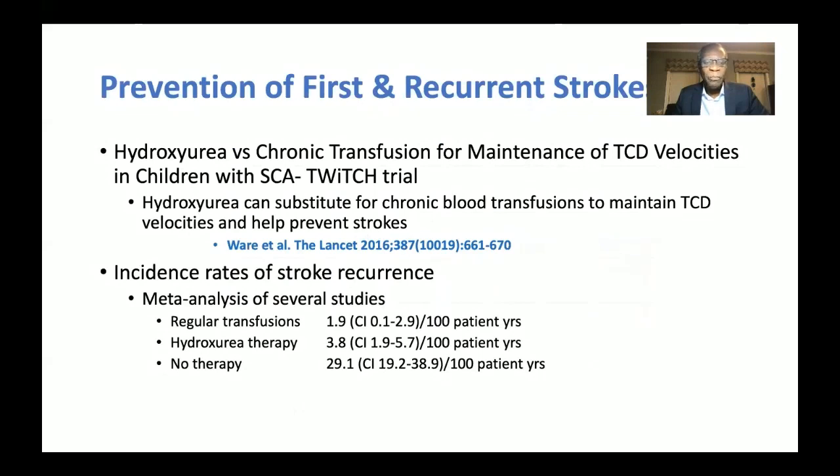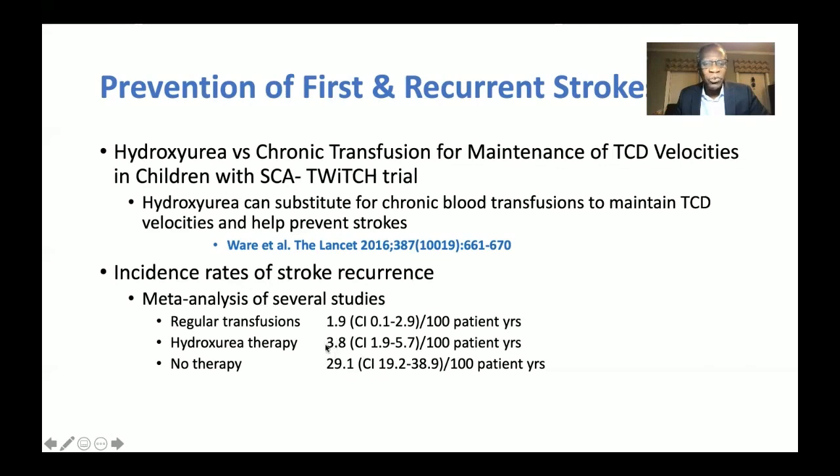And in the case of preventing recurrence of stroke that has already occurred, this data shows the meta-analysis of several studies that were conducted on prevention of stroke recurrence. Regular transfusions seem to be, at this point, the best way of preventing strokes, with 1.9 per 100 patient years incidence. No therapy is therefore not the way to go because the recurrence rate is as high as 30 per 100 patient years.